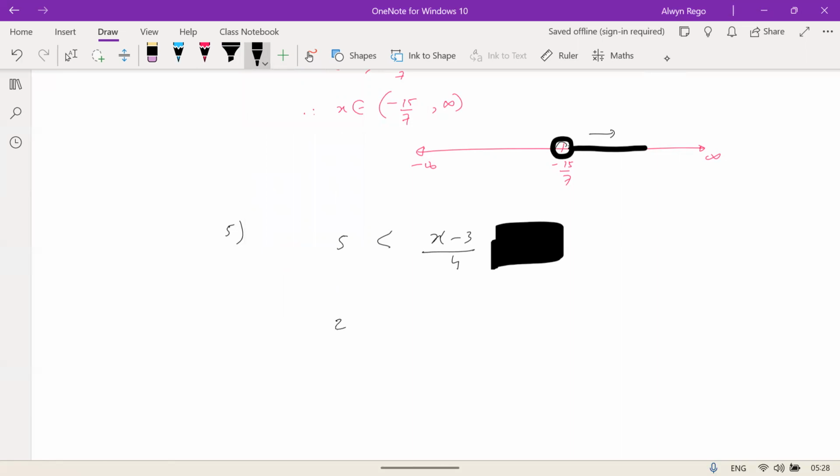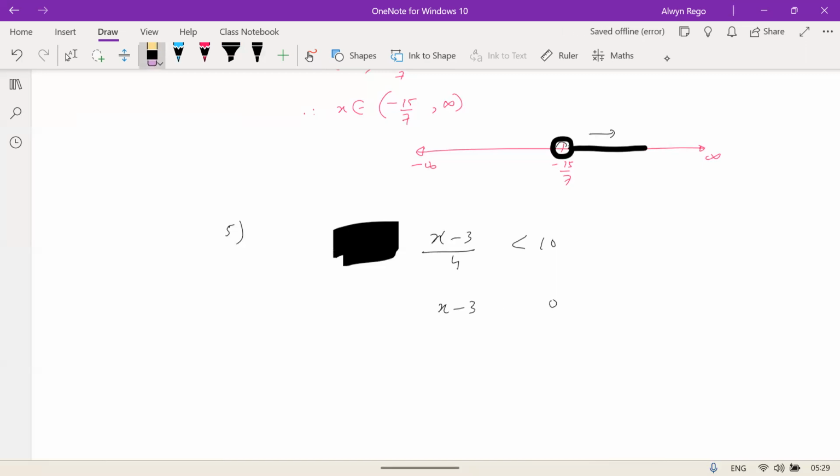So I would get 20 is less than x minus 3, multiplying by a positive. And again, if I put off the other side, then 4 would have gone there. So you have x minus 3 is less than 40.